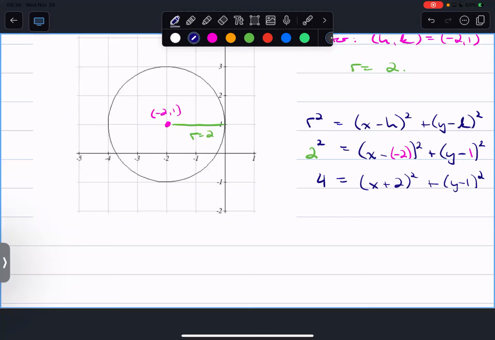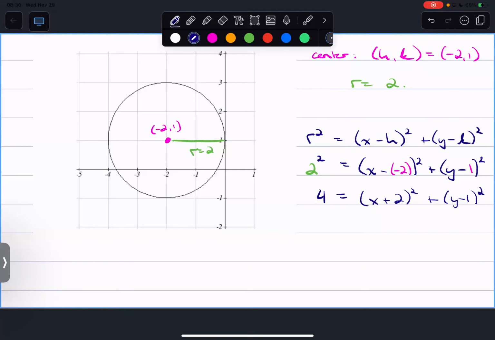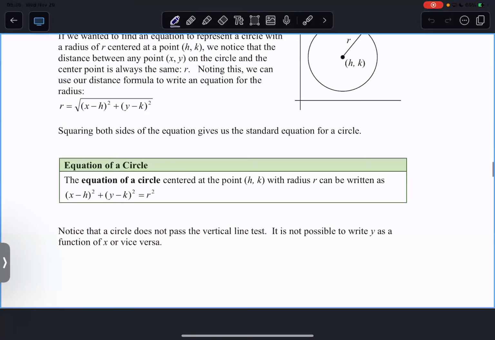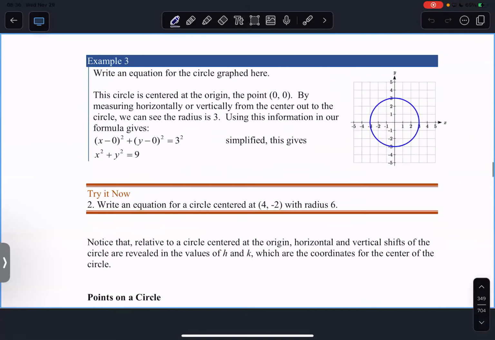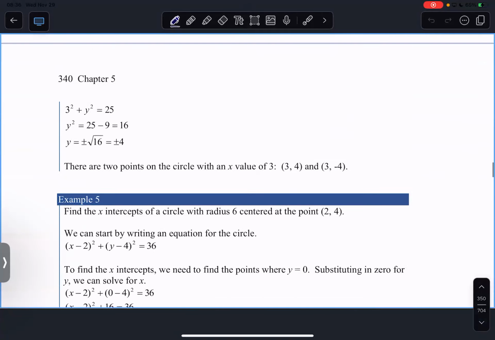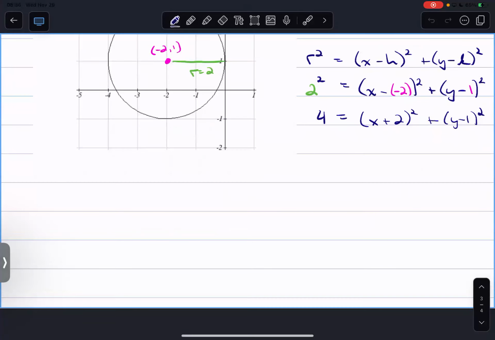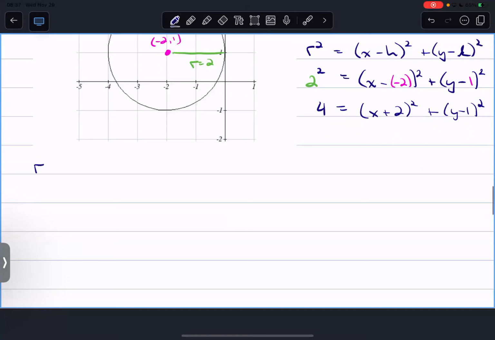Okay. Let me go in here and make sure I don't miss anything. Okay, good. So from the equation of a circle, what could we do?